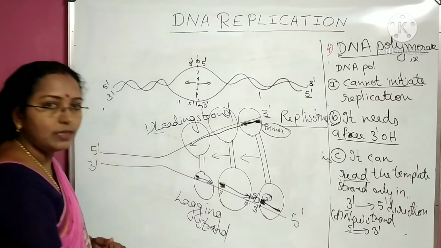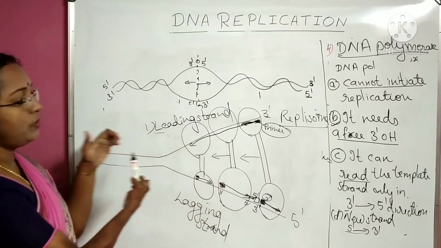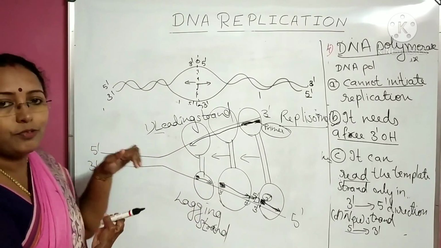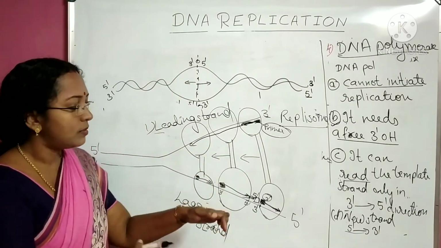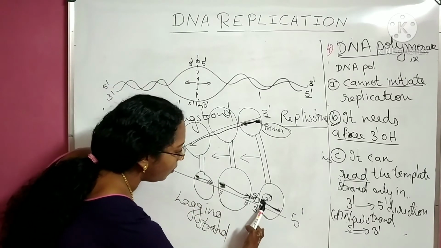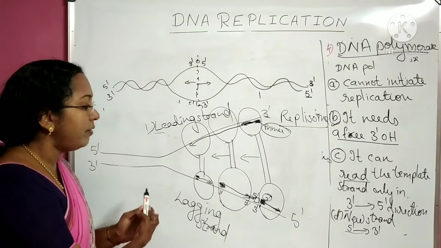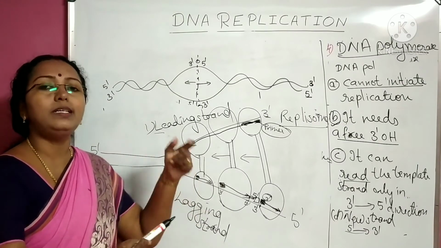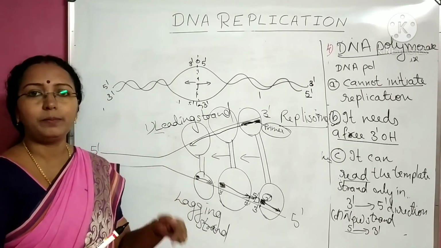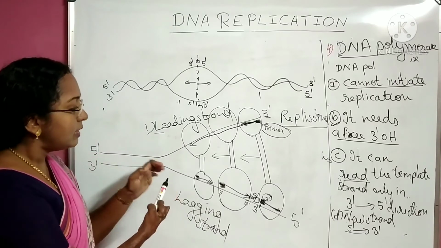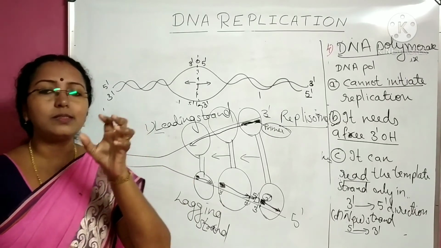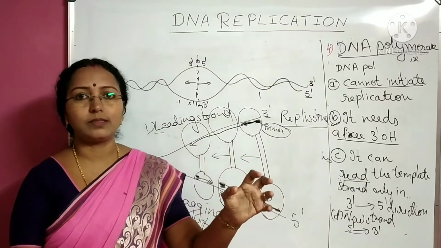Lagging strand. Because the replisome is moving towards one direction, but it is formed in the other direction. So once a little bit of it is formed, again it has to start anew, again it has to start anew. So every time that it is starting anew, it needs a primer. And it is not continuous. It is produced in small fragments.